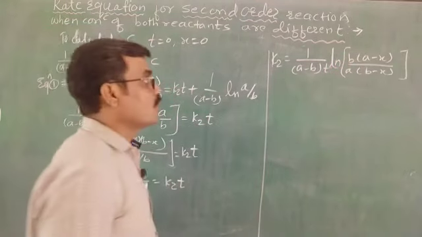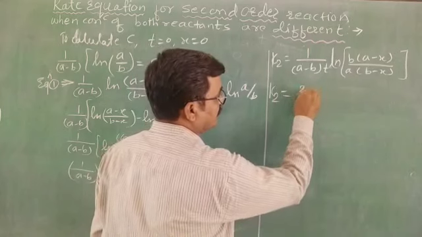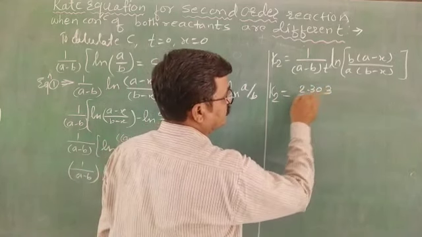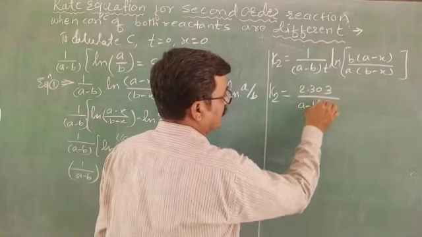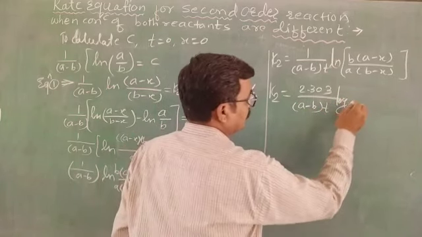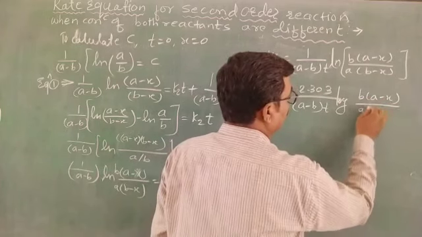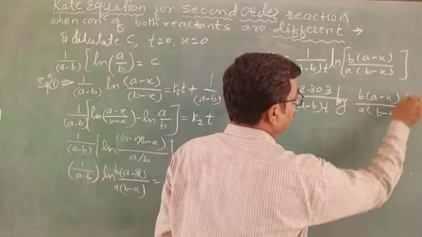When converted into log to the base 10, it will be multiplied by 2.303. That's why 2.303 upon a minus b into t, log to the base 10 of b into a minus x upon a into b minus x.